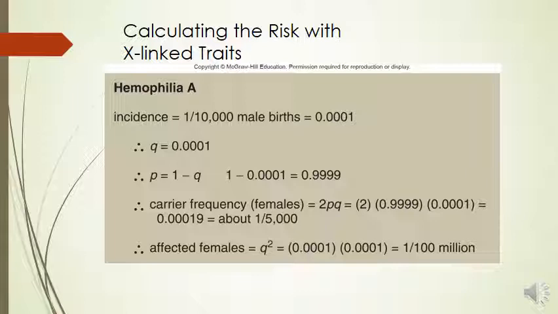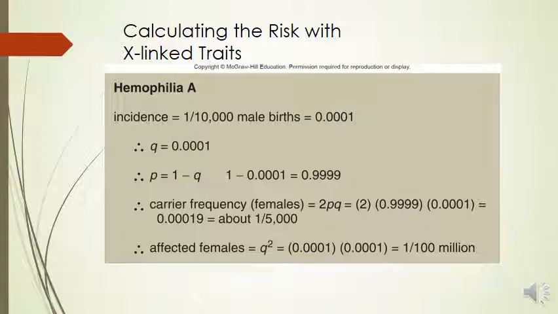So let's look at hemophilia A, X-linked hemophilia A, where 1 in 10,000 males are born with this disease. Therefore, q, the frequency of the h allele, equals 0.0001. Using the formula p plus q equals 1, the frequency of the wild type allele is 0.9999.